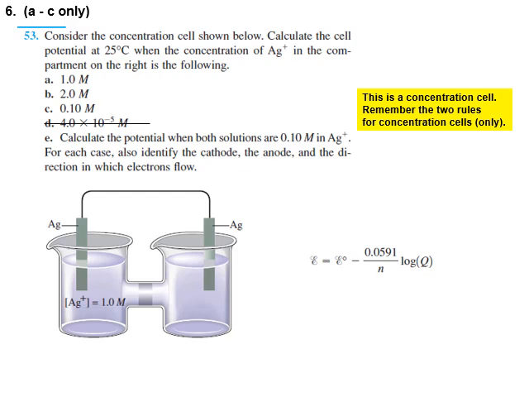Okay, this is a concentration cell, so we have to remember that there are a couple of rules that apply here only to concentration cells, and those two rules are as follows. First of all, whenever you have a concentration cell, you want to write the smaller concentration on the left of your diagram.